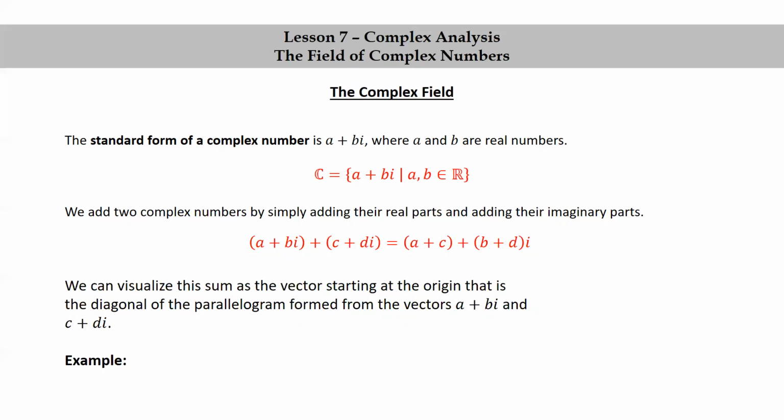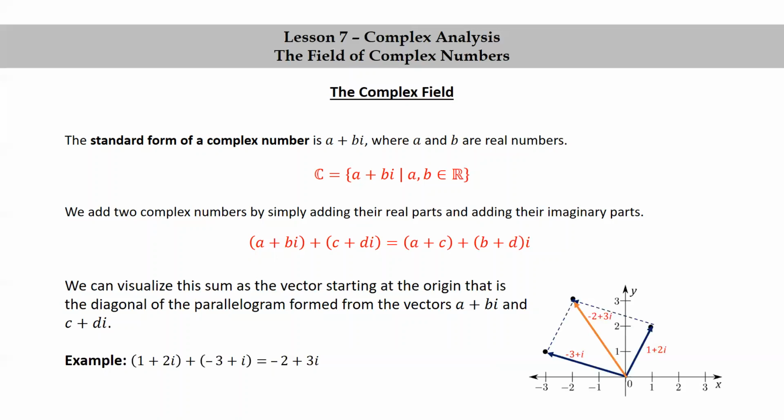Let's look at an example. 1 plus 2i plus negative 3 plus i. Using the formula, we get negative 2 plus 3i, because 1 plus negative 3 is negative 2, and 2 plus 1 is 3. Visually, we look at the vectors 1 plus 2i and negative 3 plus i, and then we draw two more vectors, a copy of each of those parallel to them.